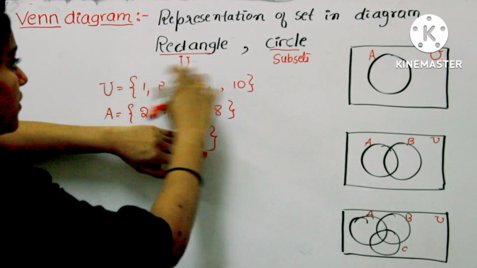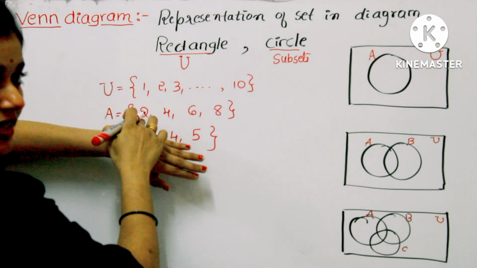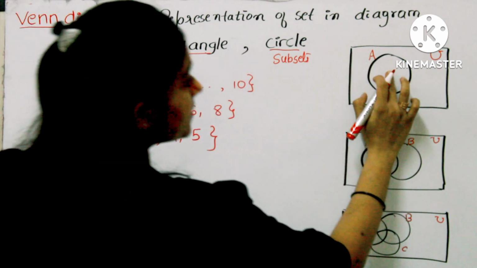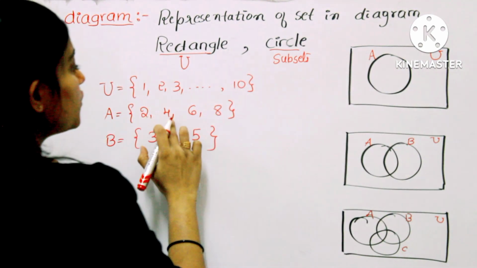First let's take only the case where the universal set has subset A. How do we represent the set 2, 4, 6, 8?